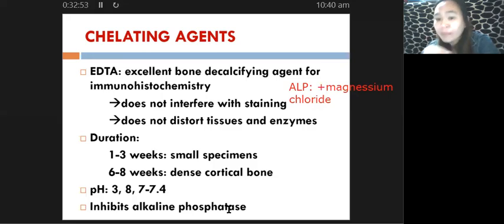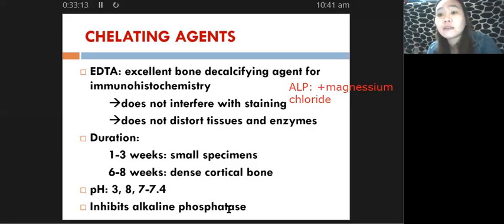Otherwise, the protein linkages that serve to maintain the morphology and the architectural pattern of your tissue components will be destroyed. And so the best pH for your EDTA solution is 7 to 7.4.